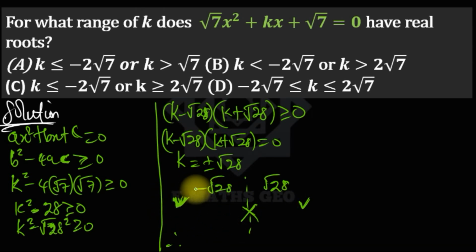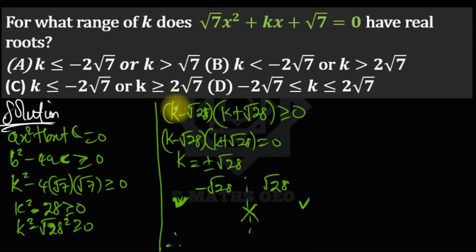Let's test numbers less than minus root 28. Let's test minus root 50. Minus root 50 here gives negative, and minus root 50 here also gives negative. Negative times negative is positive. Now let's test numbers greater than root 28. Let's test root 50.